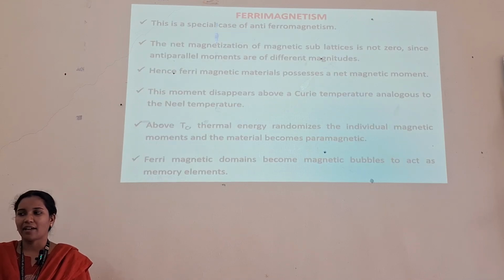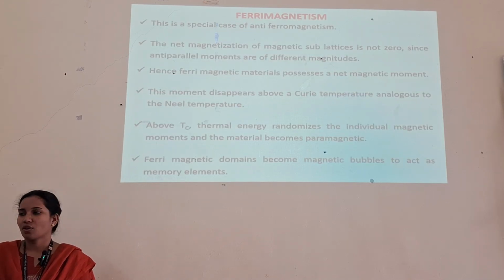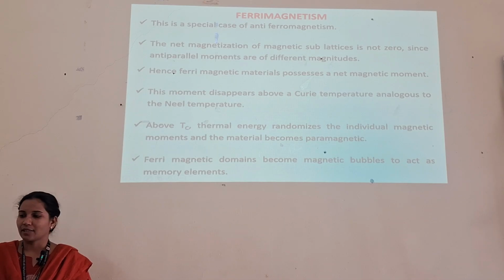Next one is ferrimagnetism. This is a special case of antiferromagnetism. The net magnetization of magnetic sublattices is not zero, since antiparallel moments are of different magnitudes. Hence, ferrimagnetic materials possess a net magnetic moment. Above TC, thermal energy randomizes the individual magnetic moments and the material becomes paramagnetic.